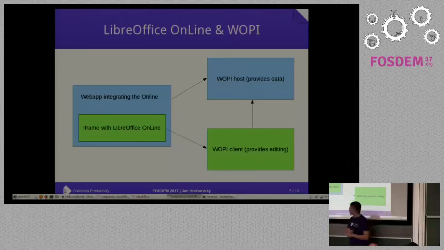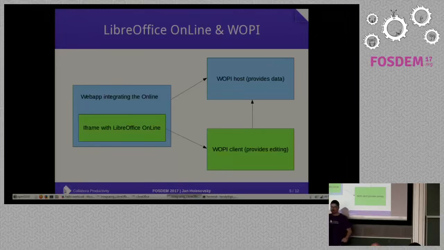Here is a picture of how it actually looks. So here is what the user sees. So there's some kind of your web application, so some buttons and maybe a sidebar or anything, and then there's a place for the LibreOffice Online.